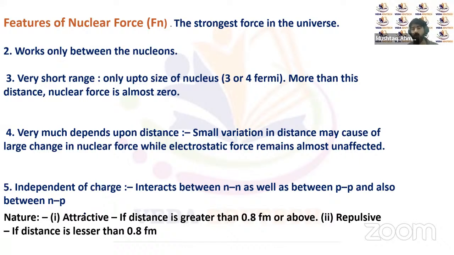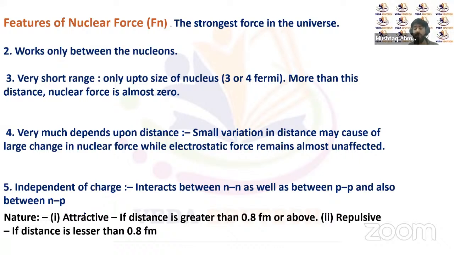Another important property of this nuclear force is that it's a very short range force, and it is applicable only up to a distance of 3 to 4 femtometer. More than this distance, nuclear force becomes almost zero, negligible. So it very much depends upon distance. For a range of distance of 0.8 femtometer or above, this nuclear force is attractive in nature.